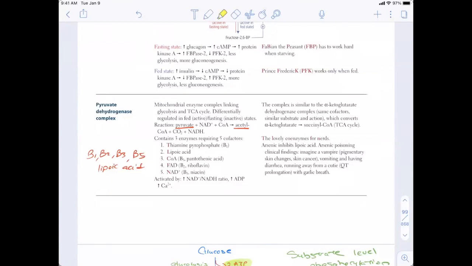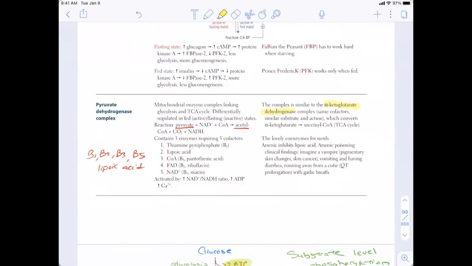Remember that. It is actually an enzyme in your citric acid cycle, and when you get there, it has the exact same cofactors of B1, B2, B3, B5, and lipoic acid.